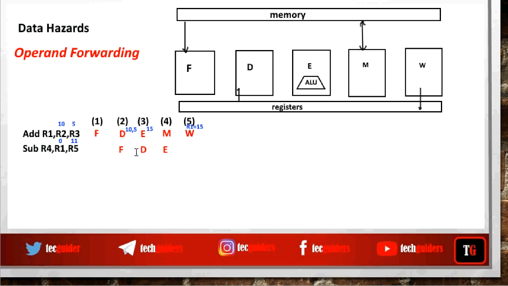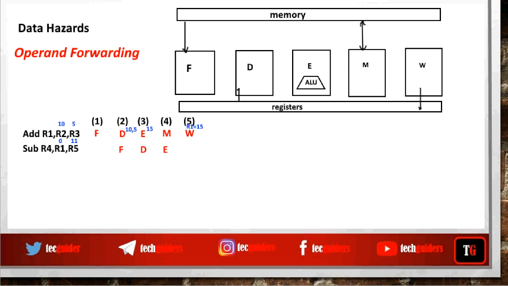That data is required by the instruction I2 at least at the beginning of the execution stage or at the end of the decode stage. And when I2 is at the end of the decode stage, our instruction I1 is at the end of the execute stage, meaning the sum of the content of R2 and R3 is already computed and is available with I1, but it is not yet written to the register R1.